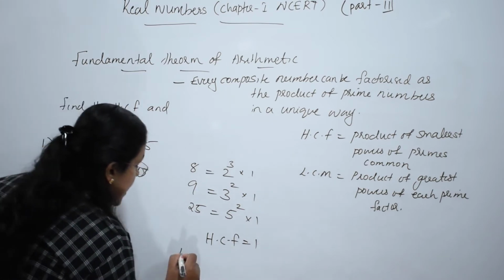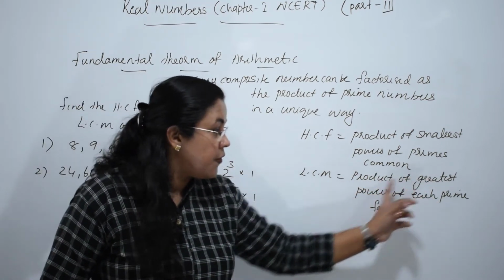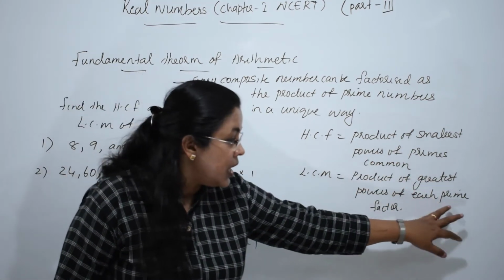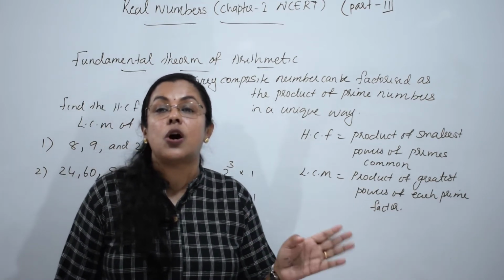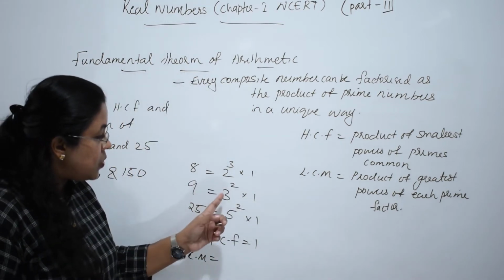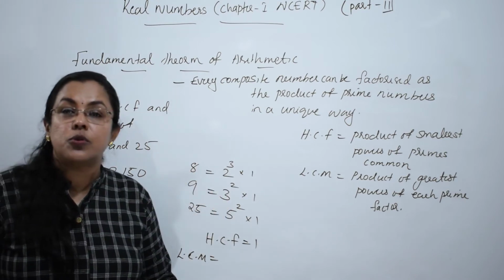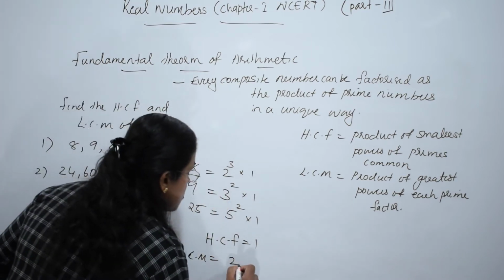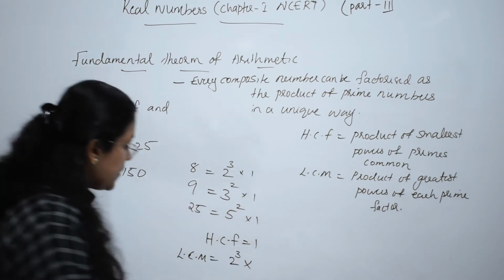Second, what is LCM? LCM is nothing but the product of greatest powers of each prime factor. What are the prime factors here? 2, 3 and 5. What is the greatest power of 2? 2 to the power 3, so 2 cube, into what is the greatest power of 3? 3 square.